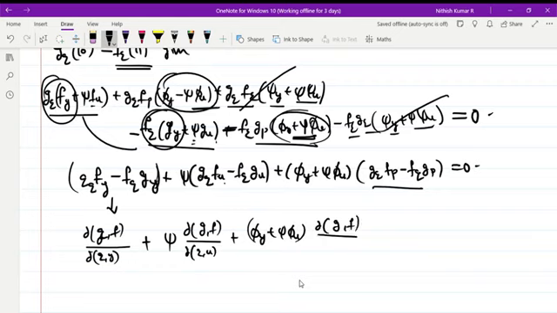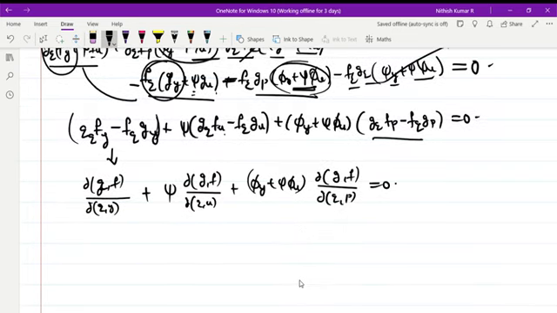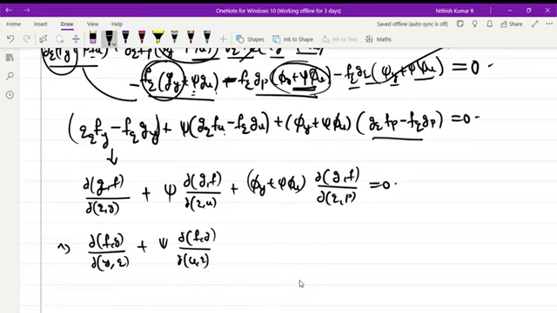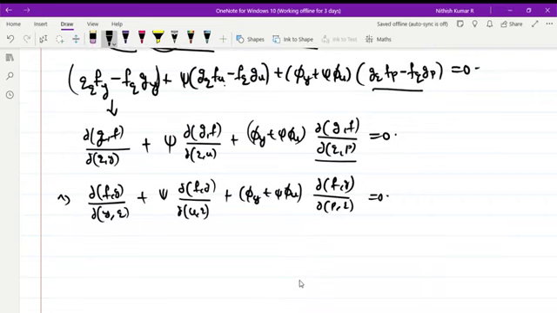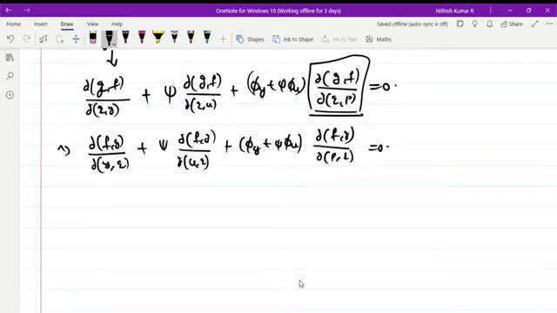Now observe this term is nothing but the Jacobian of (g, f) divided by (q, y), plus xi into the Jacobian of (g, f) divided by (q, u), plus phi_y plus xi phi_u into again the Jacobian of (g, f) divided by (q, p), equal to 0.